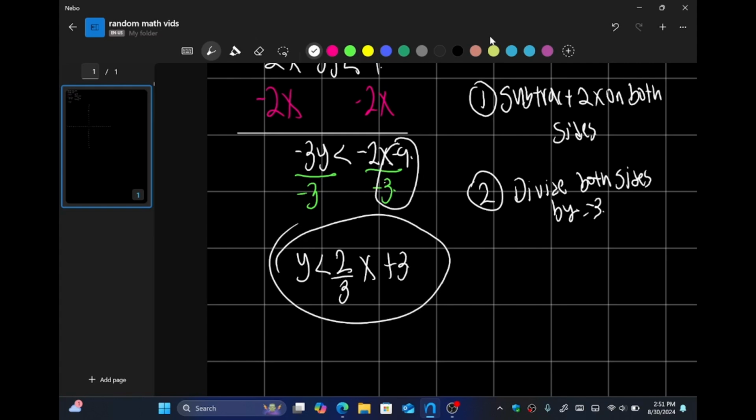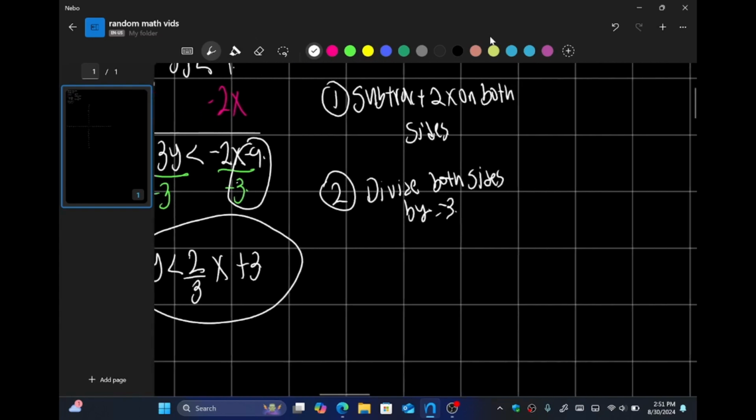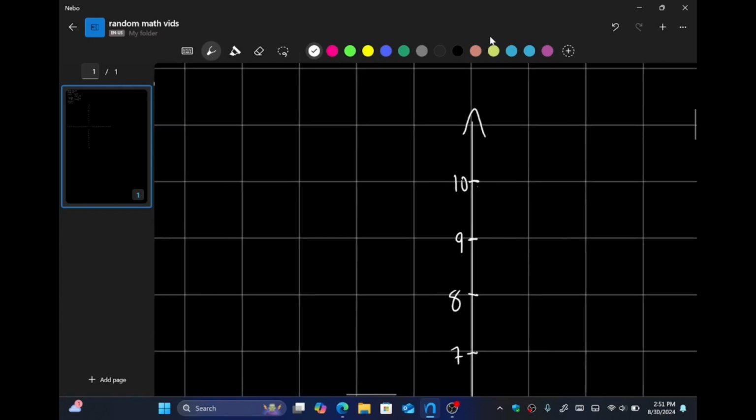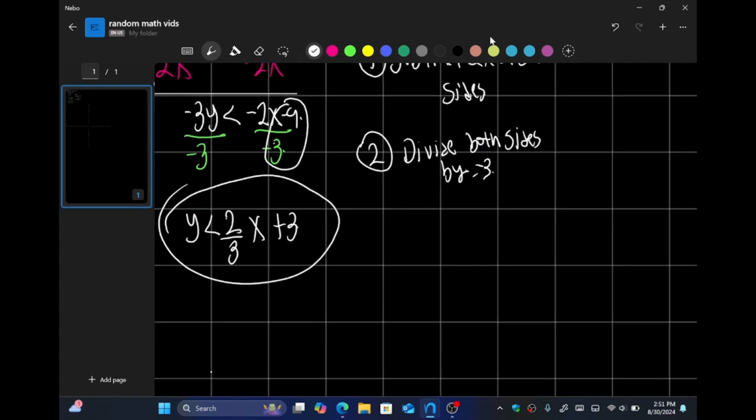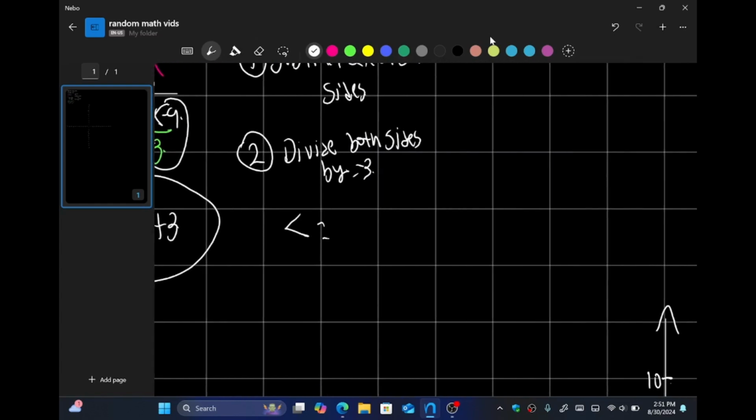So this is how we would have it solved for y. We're going to graph this as if it were a normal equation, except we want to know that if it's less than or greater than, it's a dashed line.